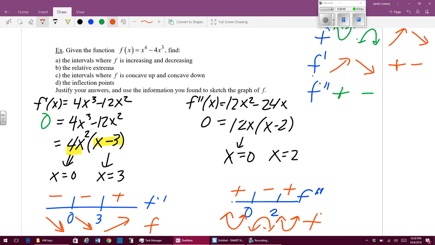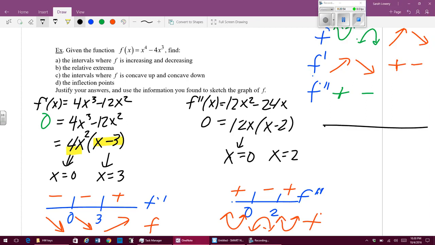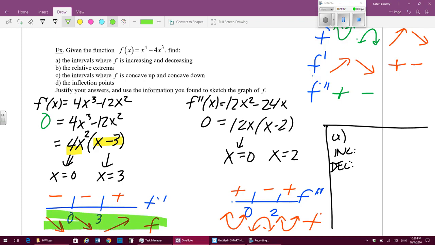Okay? So now I'm ready to process this all and come up with my answers. Part A says, find the intervals where f is increasing and decreasing. So I've already established, based on my sign chart right down here, everywhere that f is increasing and decreasing.